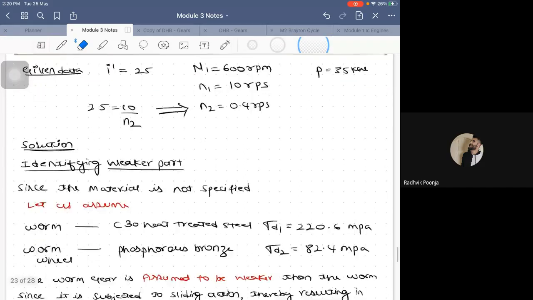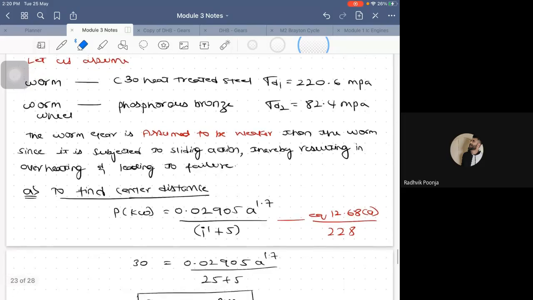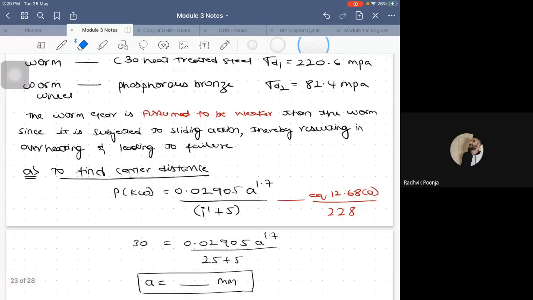Same old formula you can use there to find the center distance, which is given by equation number 12.68A, page number 228. Use that formula, substitute the value of P, substitute the value of I dash, and give me the value of A, which is the center distance.